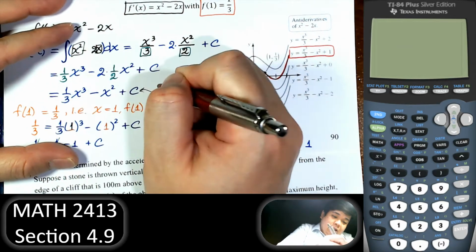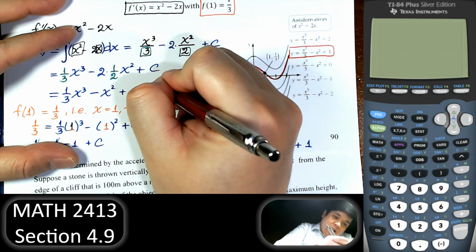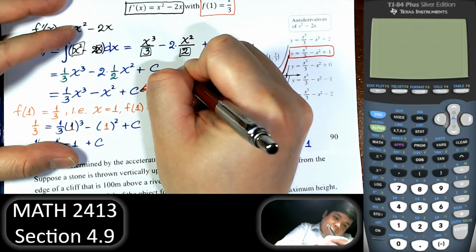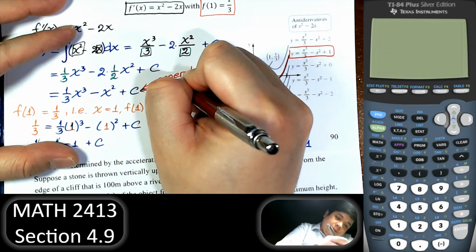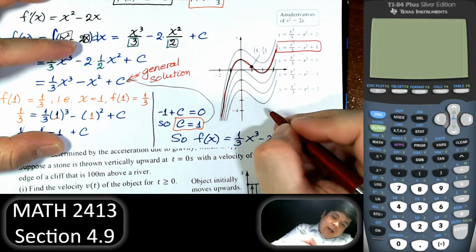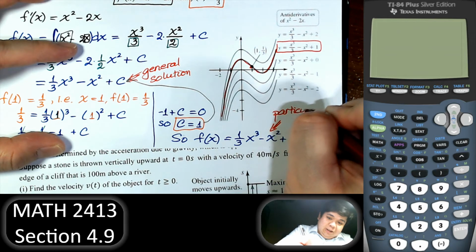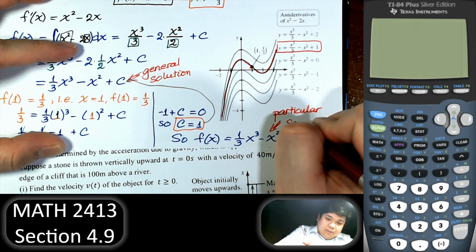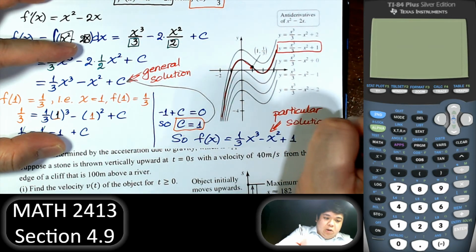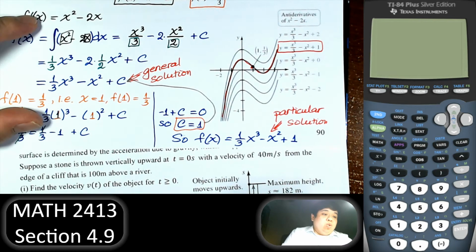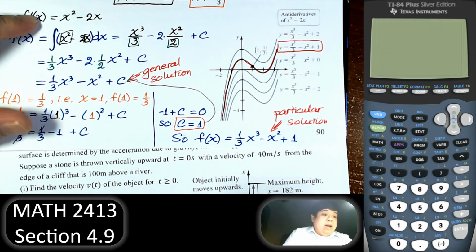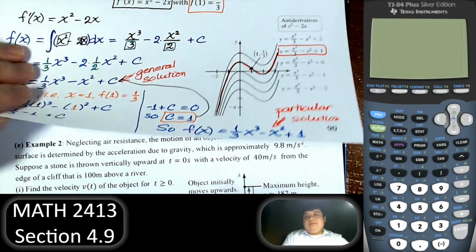The solution in this form is called the general solution, and this is called the particular solution. So integrate to undo the derivative and then solve for that constant.